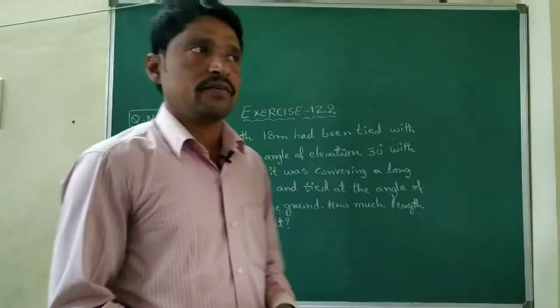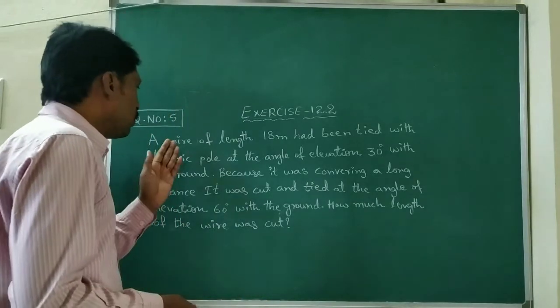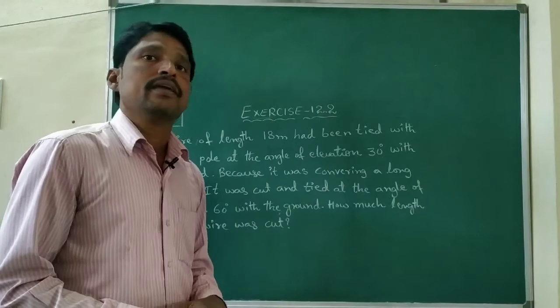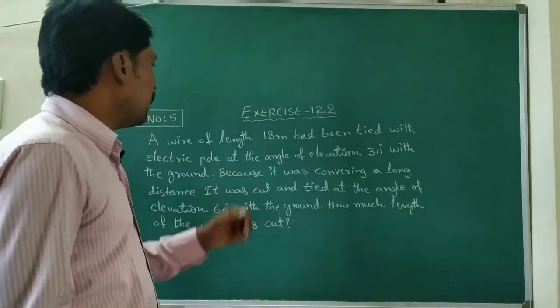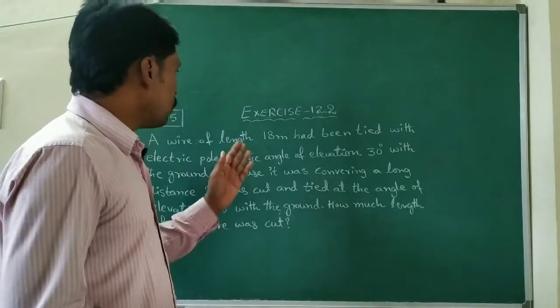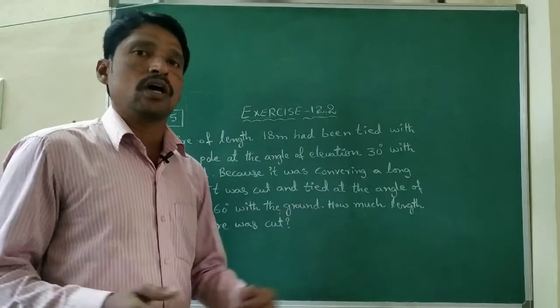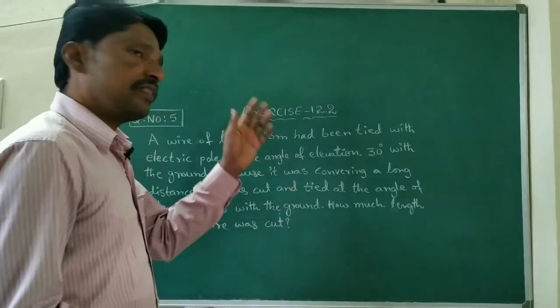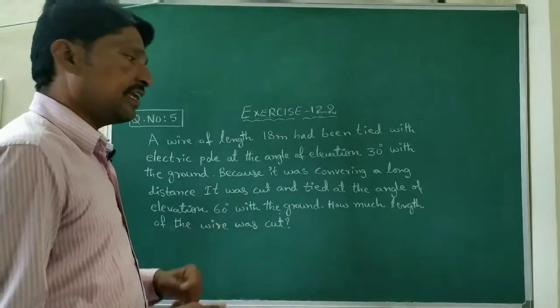What information is given in this problem? A wire of length 18 meters, and one electric pole is given. The wire is too long, so they cut some piece. After that they tied it, making a 60 degrees angle.